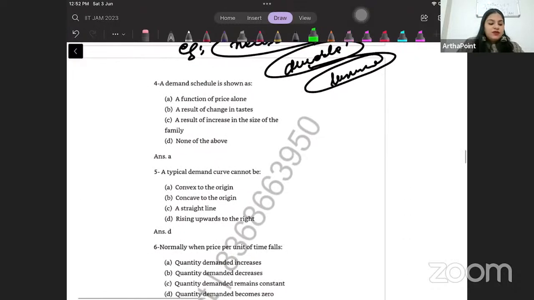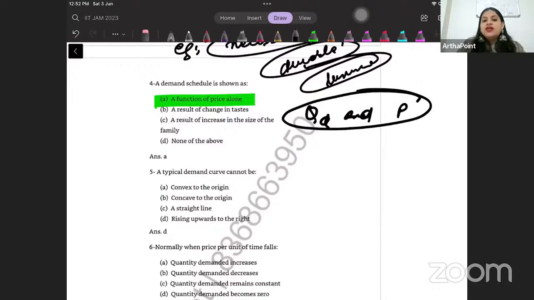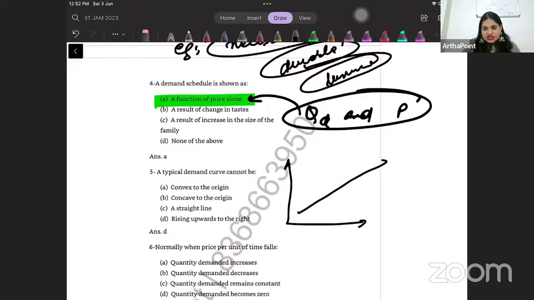Come to the next question. Very simple. A demand schedule is shown as... So what is a demand schedule? Beta, it is a function of price alone. When we find the relation between quantity demanded and price, that is called a demand schedule. Okay. A typical demand curve cannot be upward sloping, unless we talk about Giffen goods or any other exception to demand.